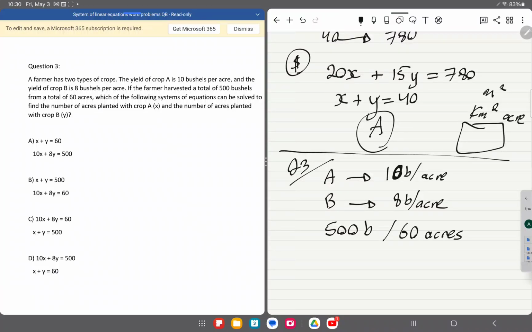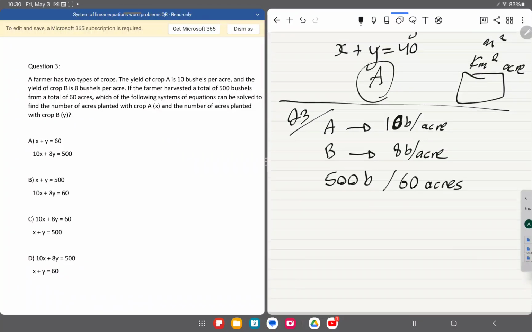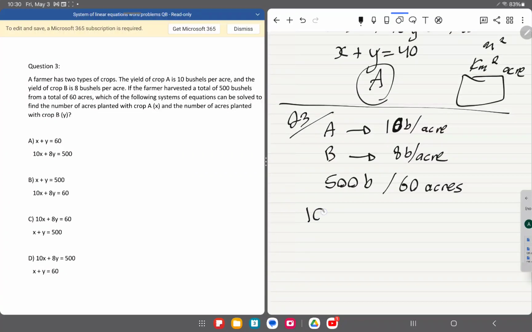Crop A and crop B, I've got 10 and I've got 8. So if 10 acres of A, so 10A plus, let's put X and Y over here.